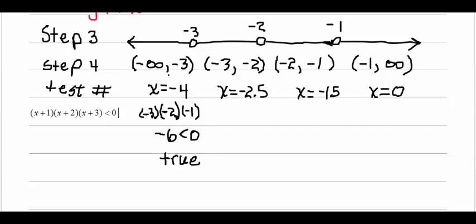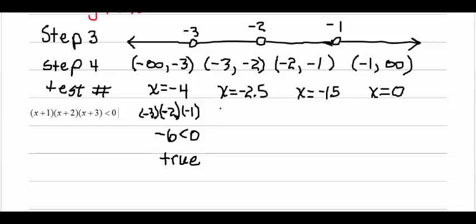So that means all of the numbers in this interval make this polynomial less than 0. If -4 made it less than 0, and my intervals are set up correctly, all numbers in the interval will make the polynomial less than 0.